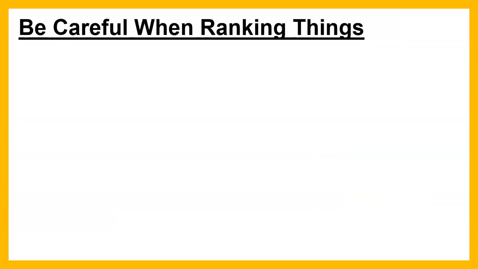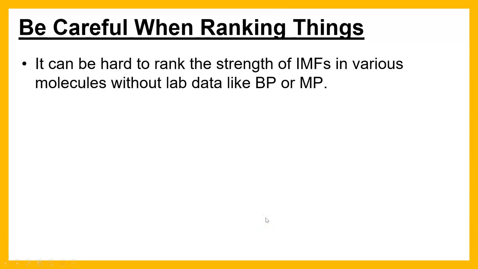The last few slides are a little bit of caution and then a little bit of summary, okay? So you need to be careful when you're ranking things. Without actual data, you are just making an educated guess, and you might be right, you might be totally wrong.